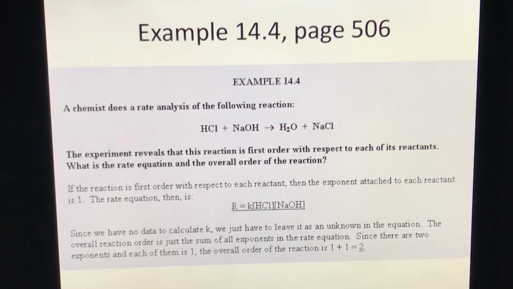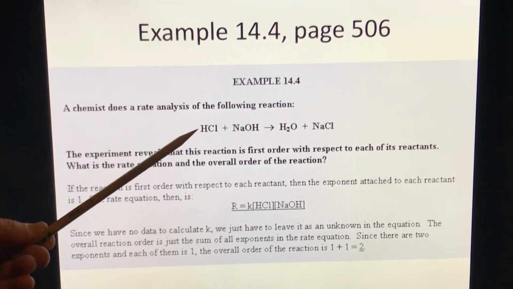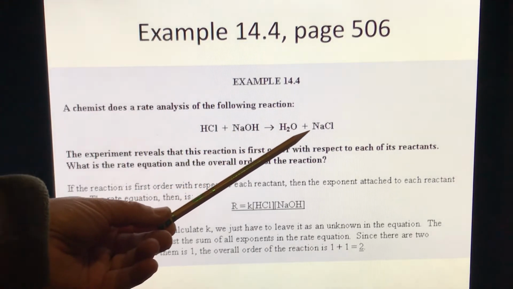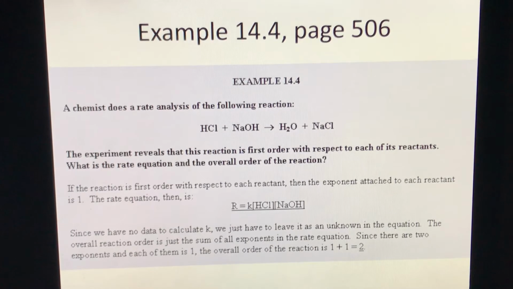So let's look at example 14.4 on page 506. It says a chemist does a rate analysis of the following reaction, and it has hydrochloric acid plus sodium hydroxide yielding the water plus sodium chloride. It says the experiment reveals that this reaction is first order with respect to each of its reactants. What is the overall rate equation?